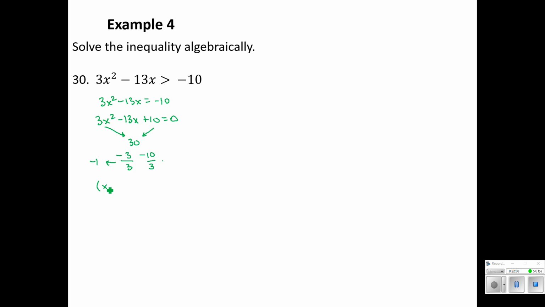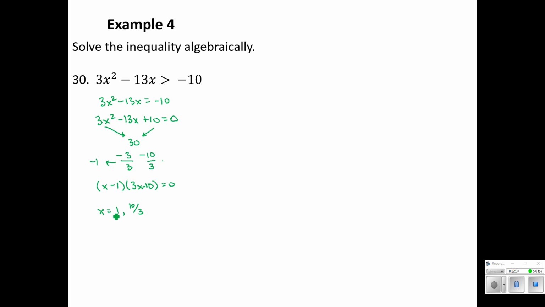So I have x minus 1 and 3x minus 10 are the two factors that would equal 0. So x equals positive 1 and positive 10/3. Okay, so we went through the factoring method. It's a lot less writing and simplifying than the quadratic formula. Fewer places to make a mistake.